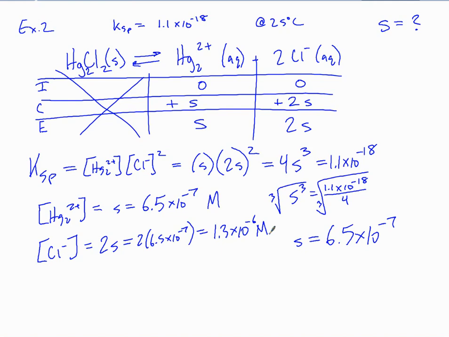So we found the equilibrium concentrations, and we didn't even know how much mercury 1 chloride there was to start with, because we didn't need it. We can figure out all this stuff without even knowing how much we had in the beginning.